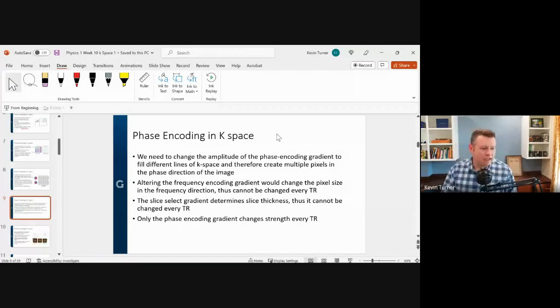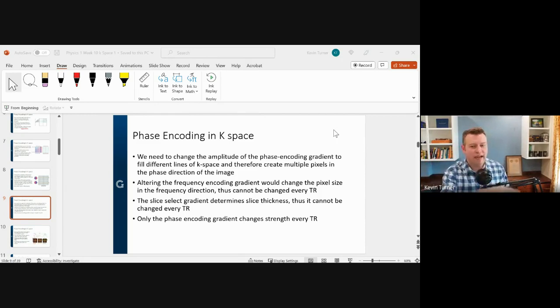So we need to change the amplitude of the phase encoding gradient to fill different lines of K-space and therefore create multiple pixels in the phase direction of the image. Because each different application of the phase encoding gradient creates a different pixel in the phase direction. Remember, our phase matrix also tells us the number of pixels on the screen.